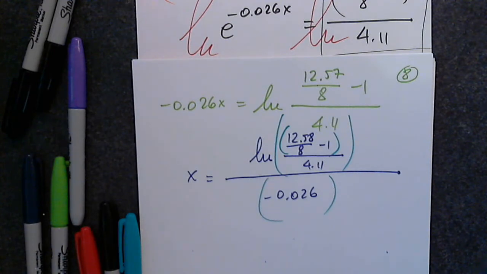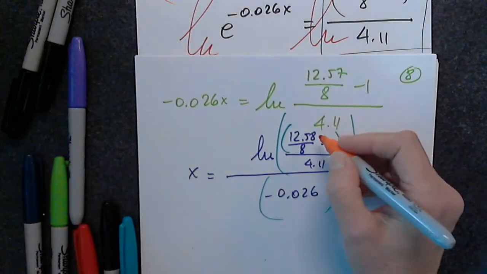Okay. Natural log. It pops up with parentheses already. Another parenthesis, and I have 12.58 divided by 8. Outside of that, minus 1. Close the parenthesis. Divide now by 4.11. 12.57. It's 5.7. It was 5.7? I wrote 5.8 all the time. 5.7, yes. Oh, no, it's 5.7. Okay.